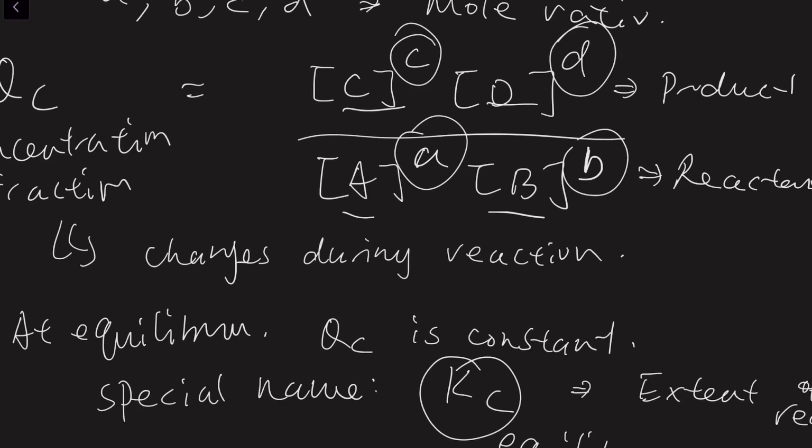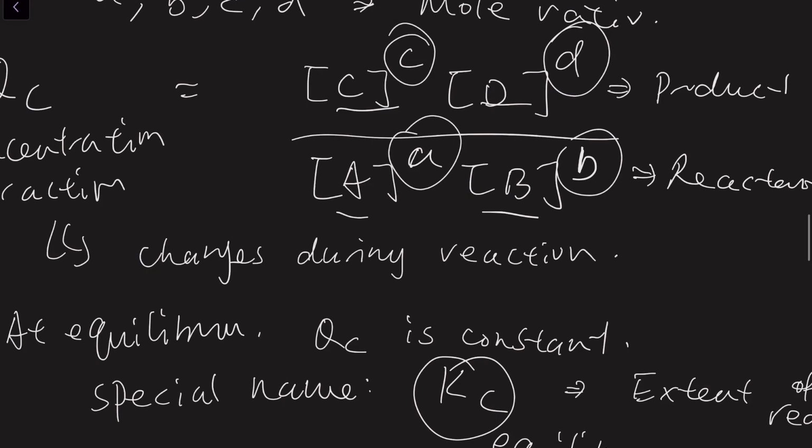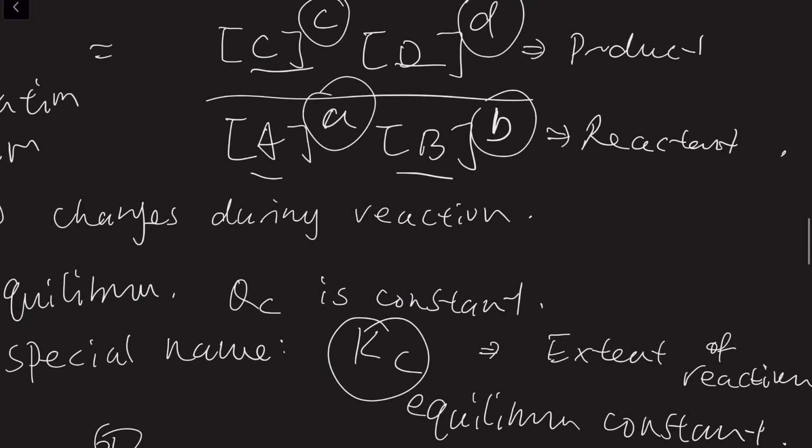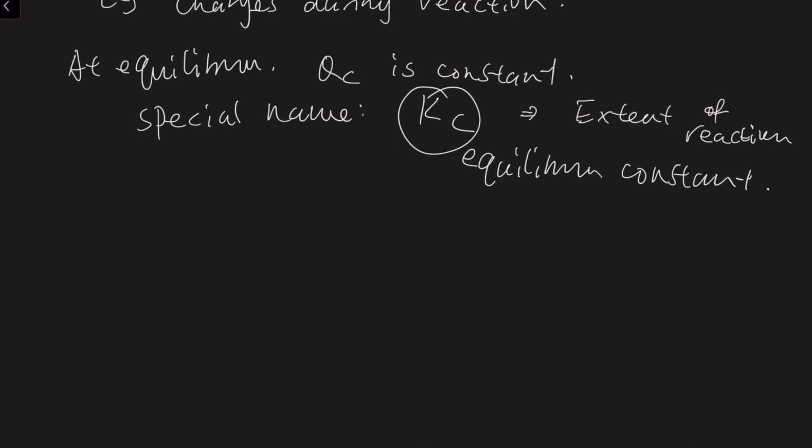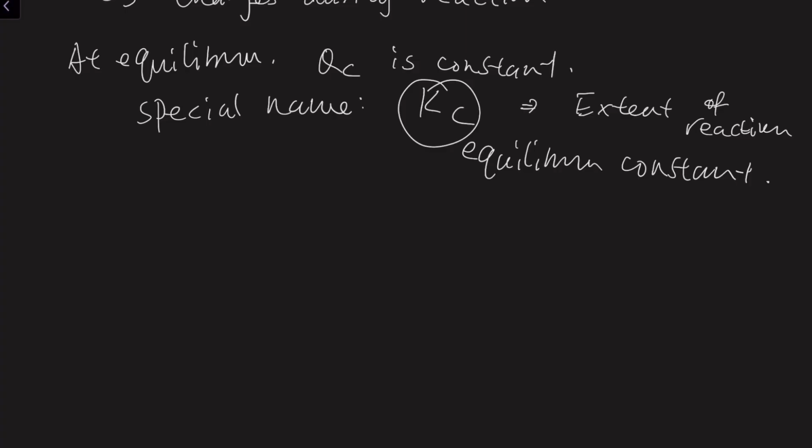In fact, at equilibrium, Qc has a different name. It's called Kc, and Kc stands for equilibrium constant. So another confusion point is the unit of Kc. The unit of Kc is basically mole to the power of something, and this power is different for every chemical reaction.